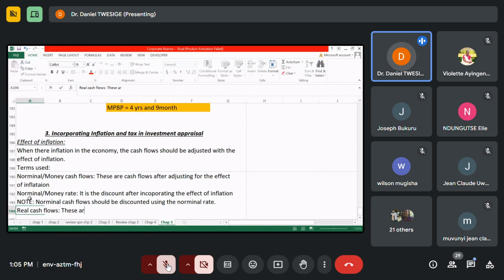So these are cash flows which are in the current terms.